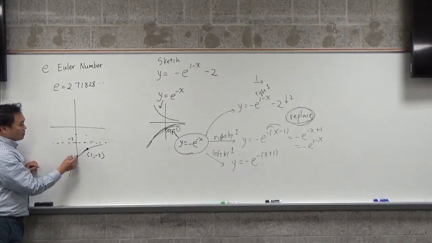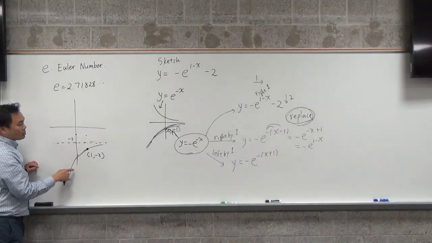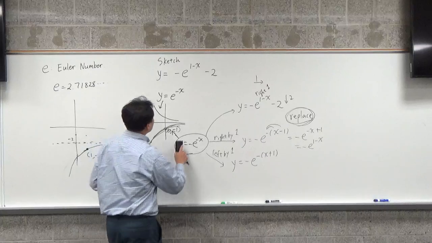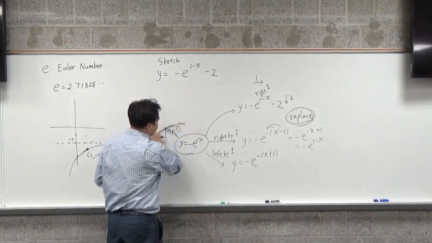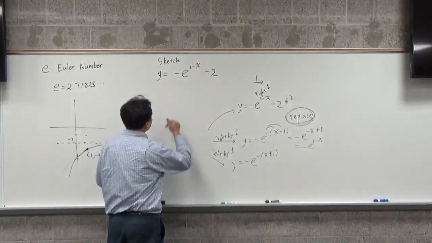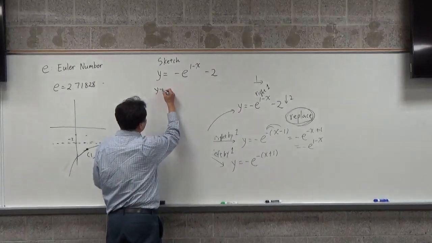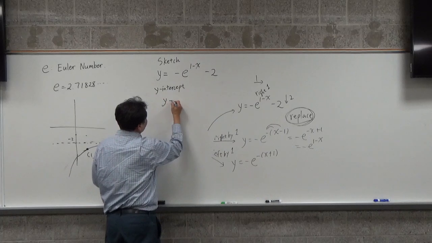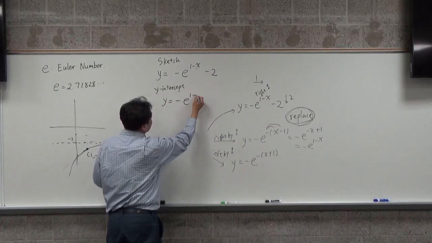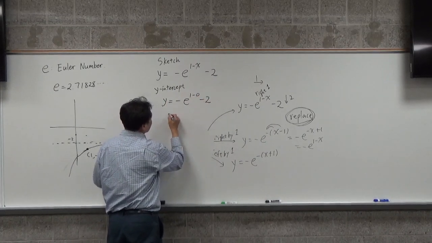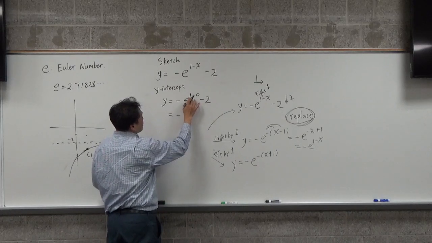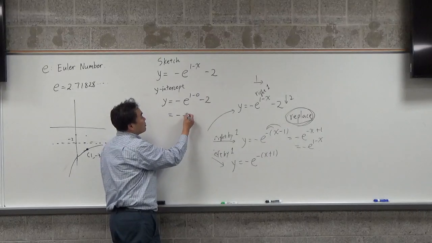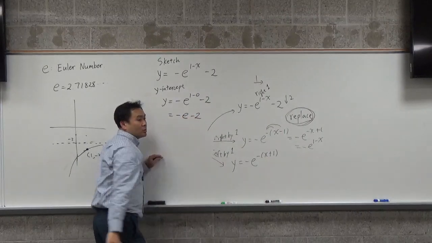Okay. Now that graph tells me that there's a y-intercept. How do you get the y-intercept? Set x equal to 0. So the y-intercept is y equals negative e to the 1 minus 0, minus 2. And that's just e to the first power. Anything to the first power is itself. So it's negative e minus 2.